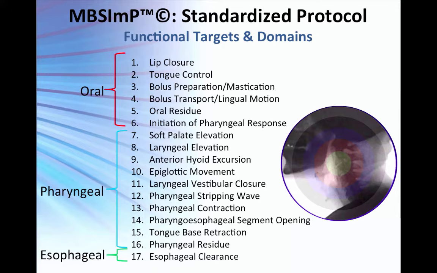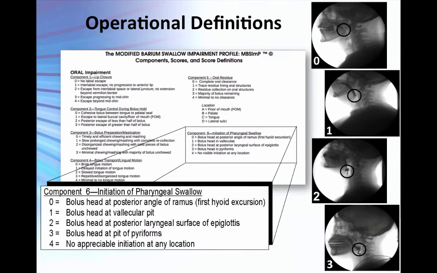So as a result of our consensus validation panel, these were the components that the group determined there was evidence of their relevance to normal swallowing physiology, so we included them in the proposed tool. And we came up with a metric, a rank order type scale from least, meaning 0, normal, no impairment, to the most impaired score.